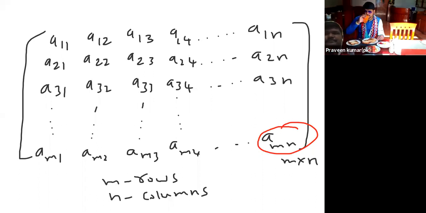M cross N. How many elements are possible means M into N. Complete everyone. Can I move to the next one? Yes.